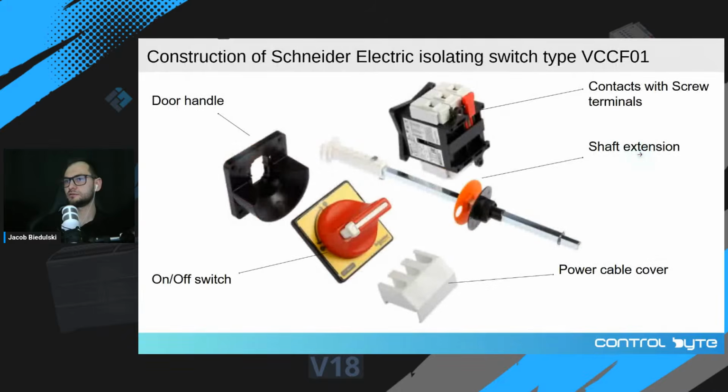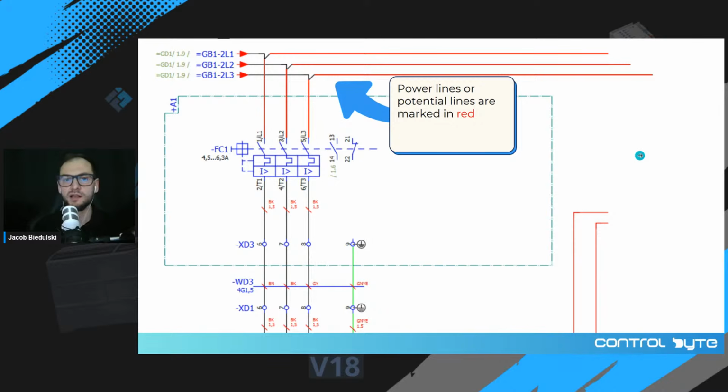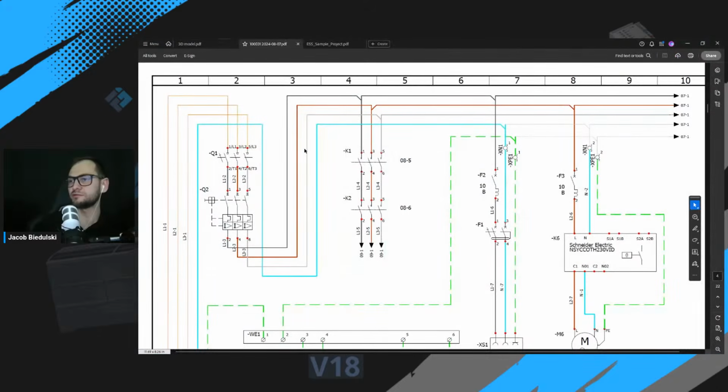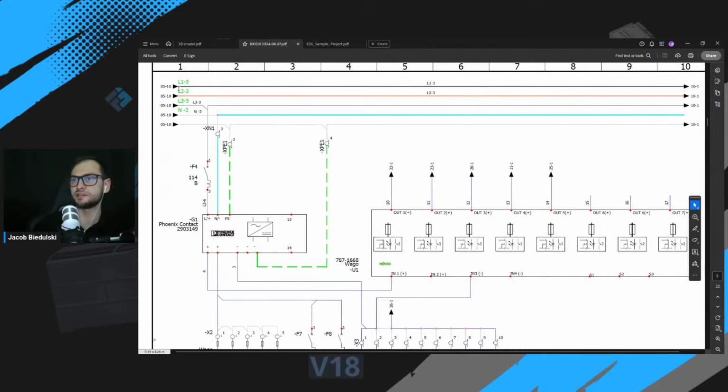Okay, let's go maybe faster through this. Okay, so if you analyze 2D schematics, you should pay attention to potential lines, power lines, which are marked here in red, okay? So in almost every schematics, you will find the potential lines in the upper or in the lower section of the page.